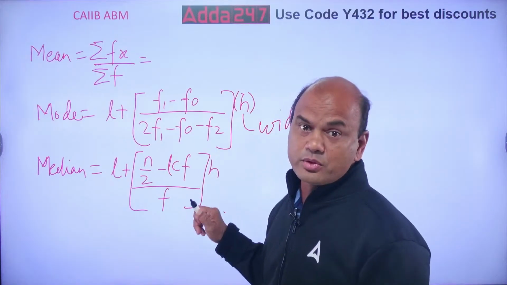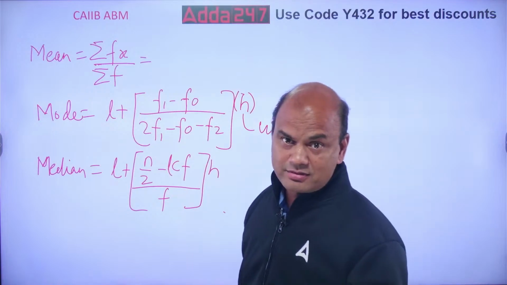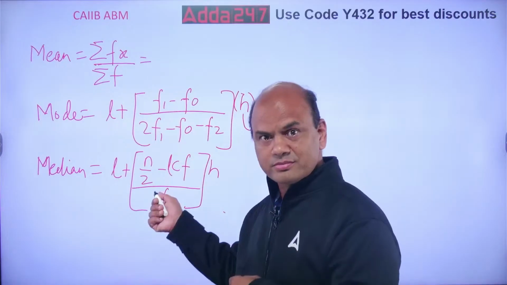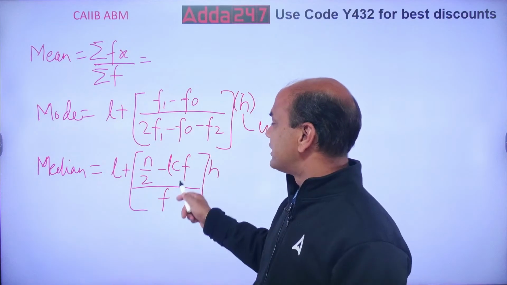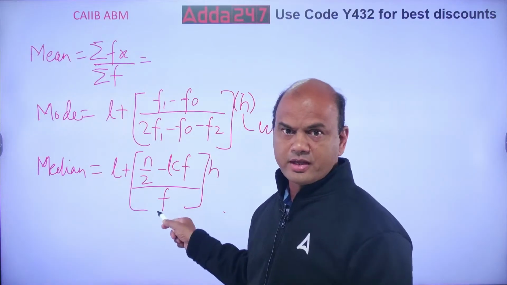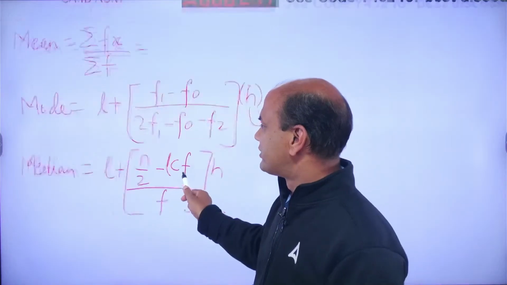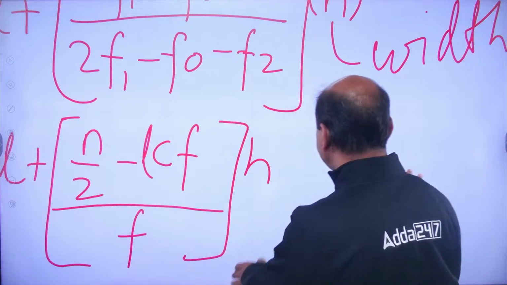What is LCF? Cumulative frequency on the lower side. I will explain that. N upon 2 minus LCF upon F. F is frequency, that much you can understand. Okay, this is tough, and that N upon 2 also I will explain.